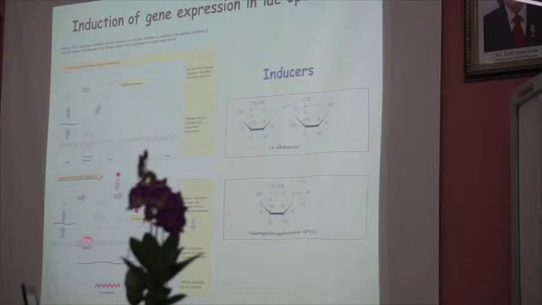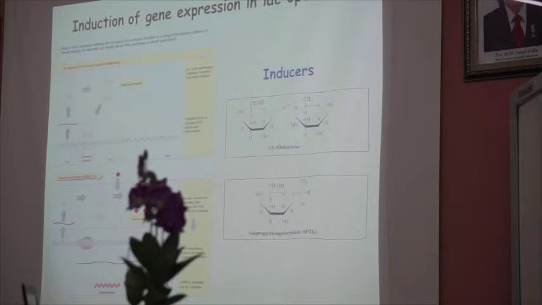But when the cell is exposed to lactose, what happens? The repressor will bind to the lactose, so the repressor will not come to the operator. Then RNA polymerase can start transcription.